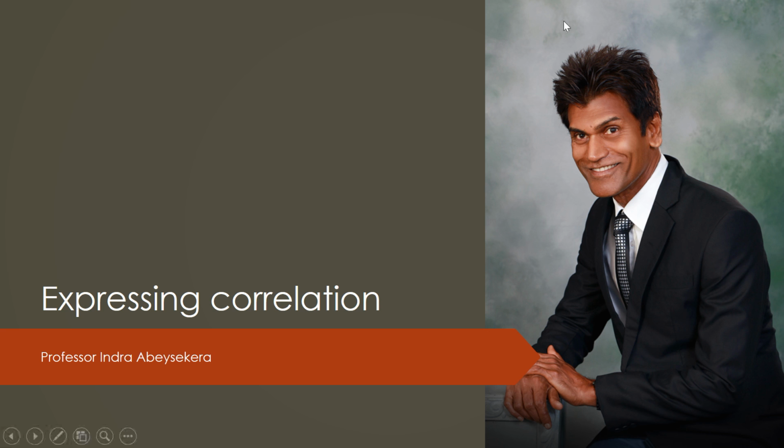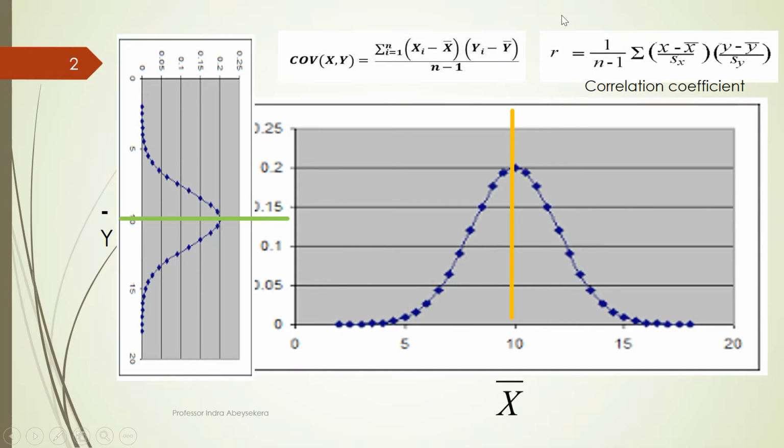Let's look at how we can express correlation. When we look at the association between two variables, x and y, we know that we can express this association in two ways: covariance and correlation.